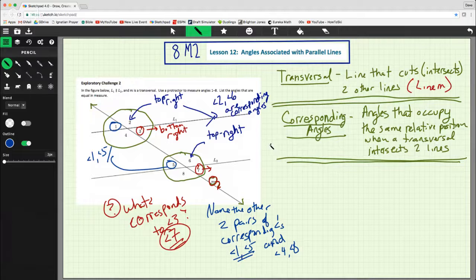So we can write them here. We can go angle 2, comma, angle 6, angle 3, comma, angle 7, angle 1, comma, angle 5, and then angle 4 and angle 8.